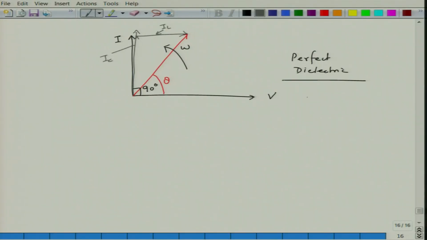We will see how that comes about. For a perfect dielectric, the current leads the voltage by 90 degrees, and all of this total current is charging current. Now, in such a dielectric, what is the power dissipation?